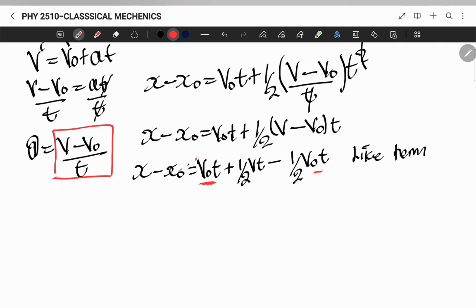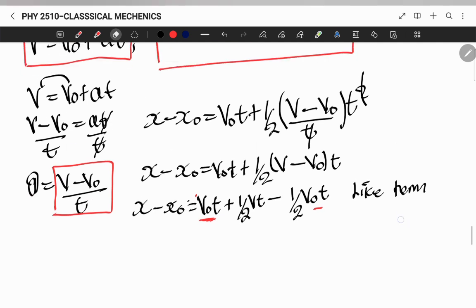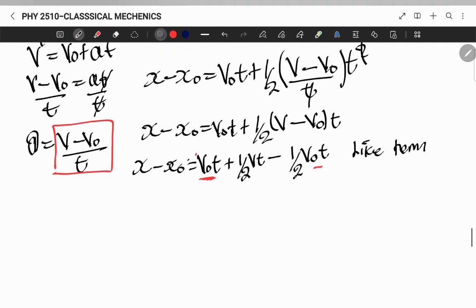So let's do a little mathematics on the side. v naught with a coefficient of 1, then I'll lift the entire thing there, so minus half v naught.